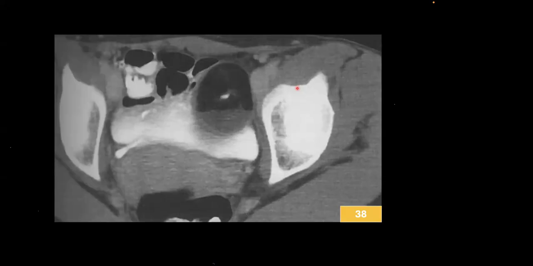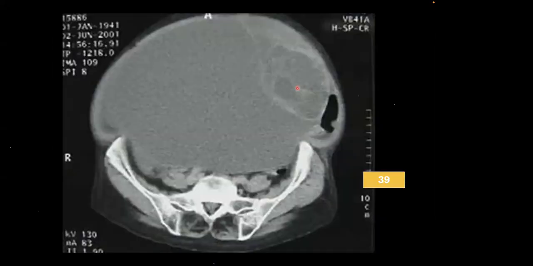Yes, most of you are getting it correct. Right. Very typical appearance. Yeah. Dr. Rekha. 39.